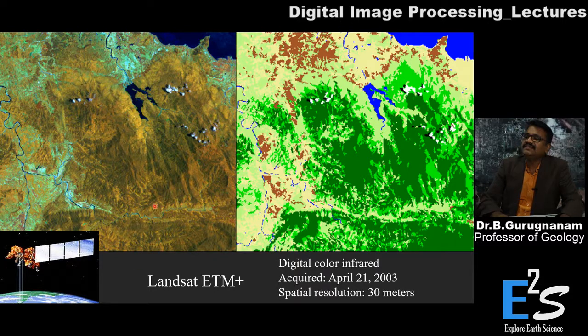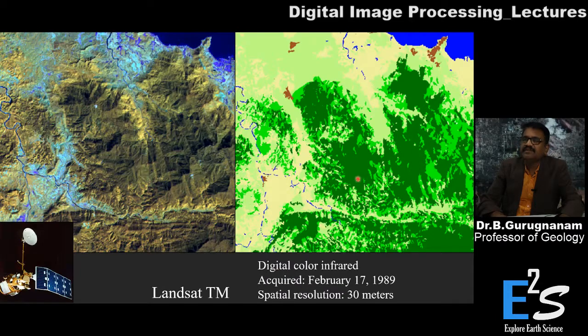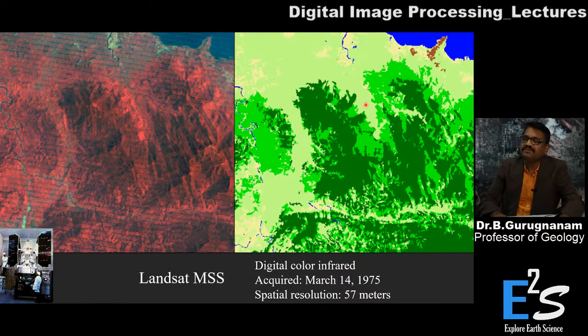This is another example of Landsat TM data, and this is the unsupervised classification. And this is another Landsat data, and of course the year of the data and all is given. So the system is giving it in no time. And even you see that this is one Landsat MSS digital color infrared data, with a spatial resolution of 57 meters.